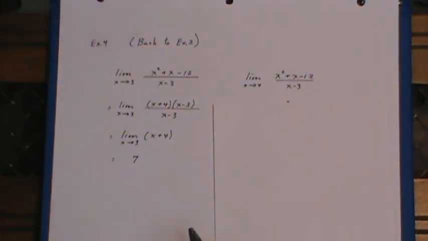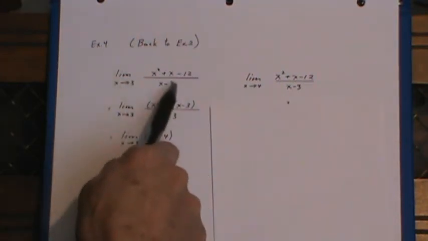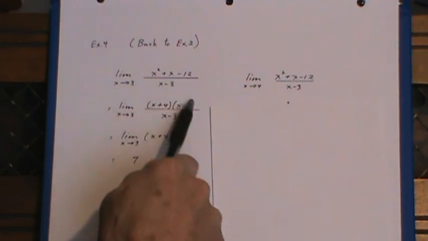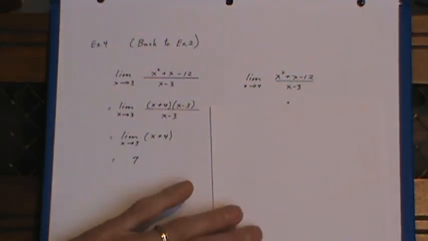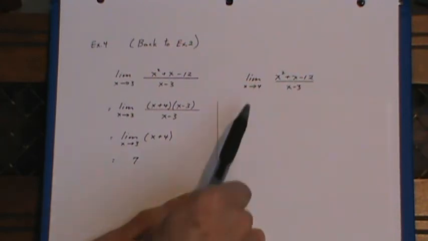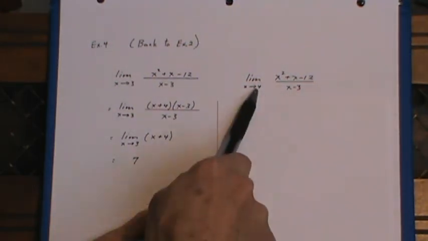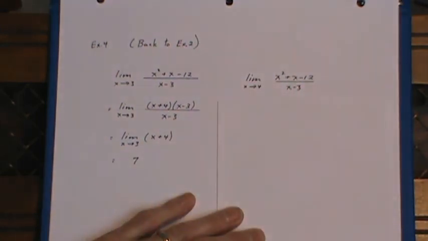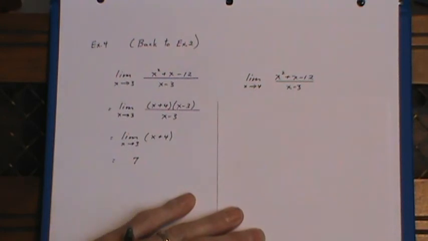One last thing before I close here. I'm going back to example 2 again, where we were approaching 3 and we reduced it this way. Sometimes on a test or exam, they'll try to trick you. They'll have you approach a number that is not a problem, and you see 4 is not a problem here. So you're wasting your time trying to factor and reduce it.